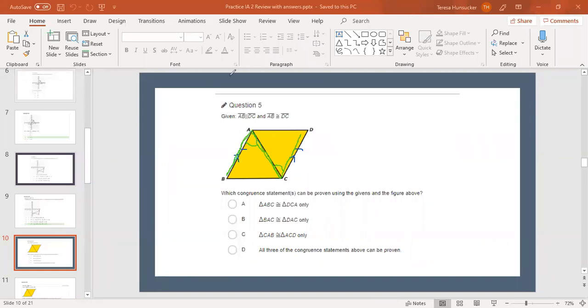So angle BAC is congruent. Now let's match up corresponding vertices to angle. If we talk about angle B for a minute, well, angle B corresponds with angle D. And angle A corresponds with angle C.